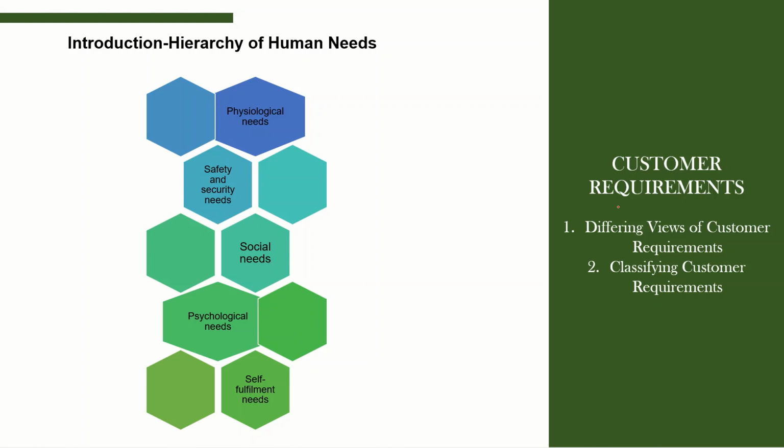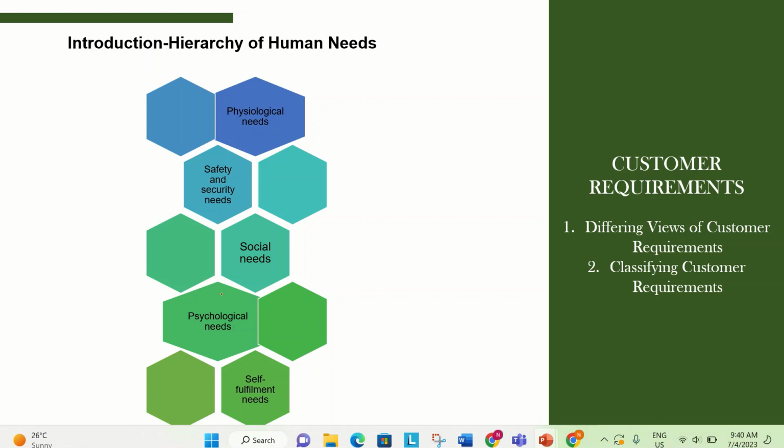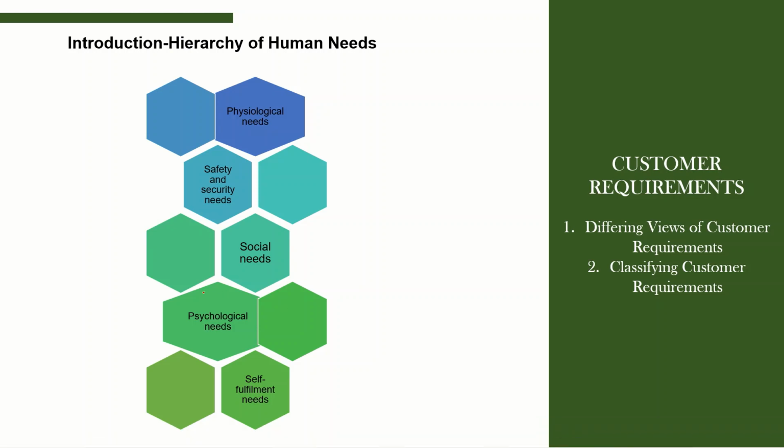So maybe some people have physiological needs in one product, safety and security needs, social needs, psychological needs, and self-fulfillment needs. Based on these types of human needs, we know where our product belongs, to fulfill what types of needs.